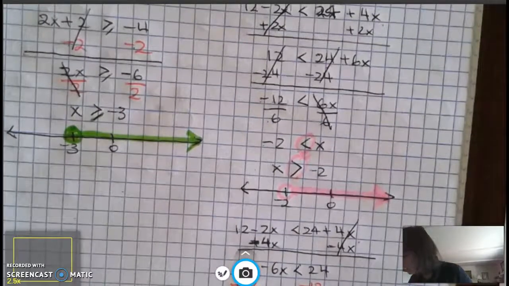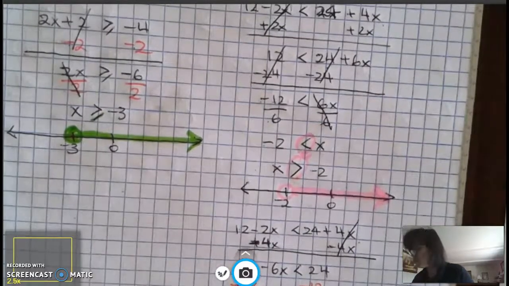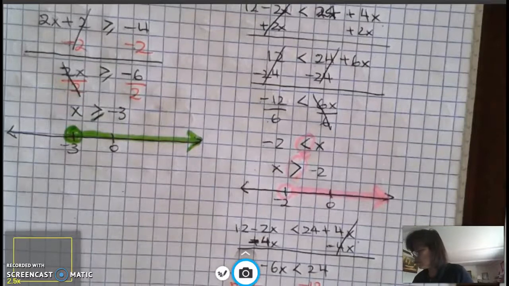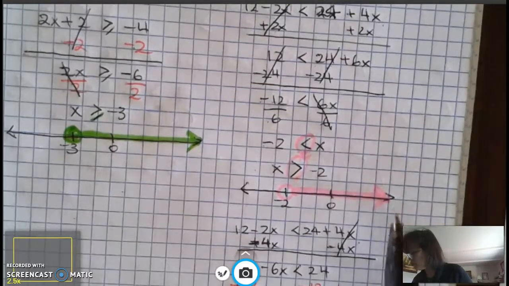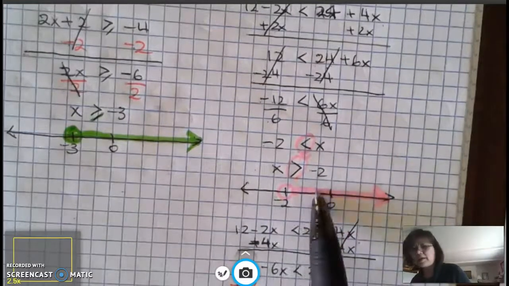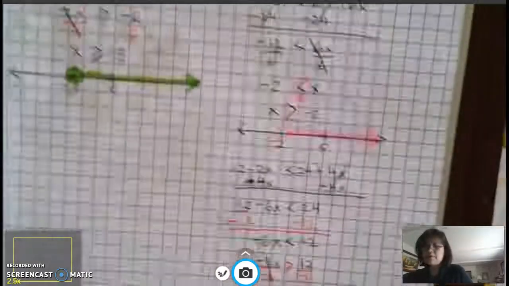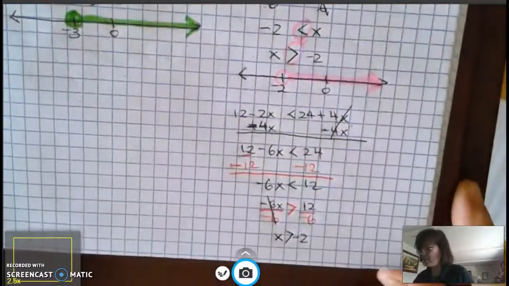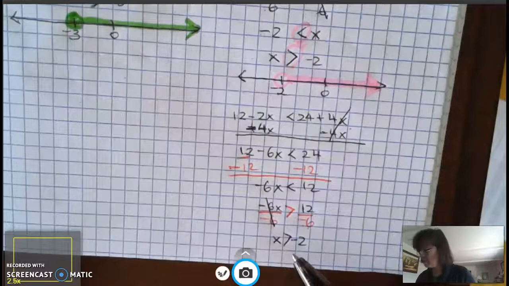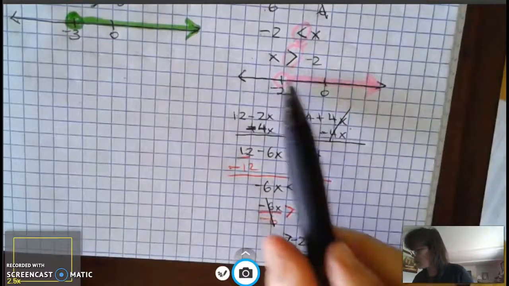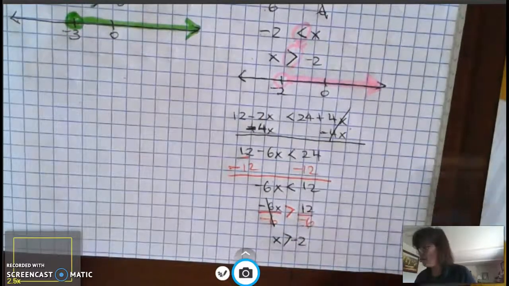Positive divided by negative is negative. So x is pointing to the right. And that is exactly the same solution as the other, but we just worked it out in a different way.